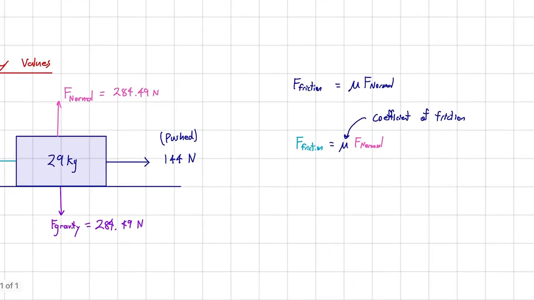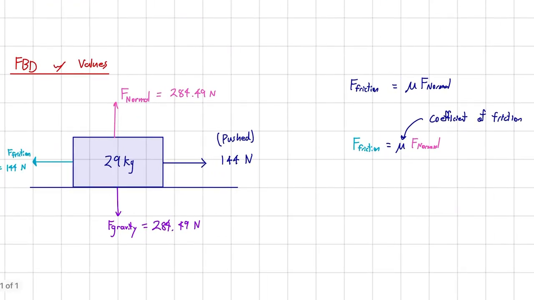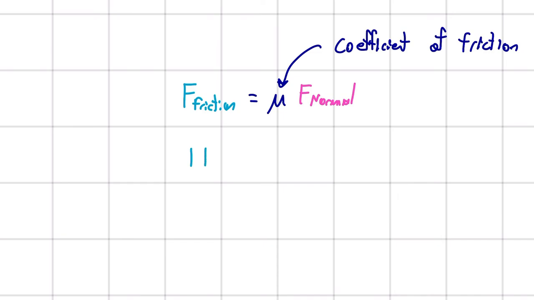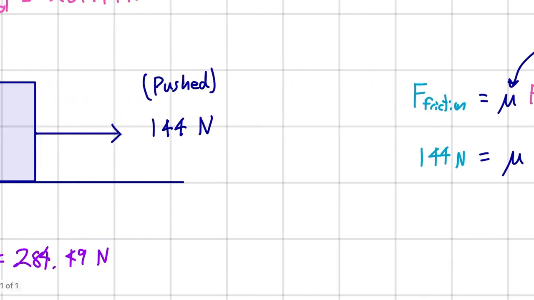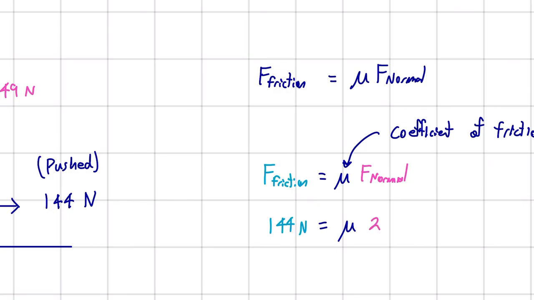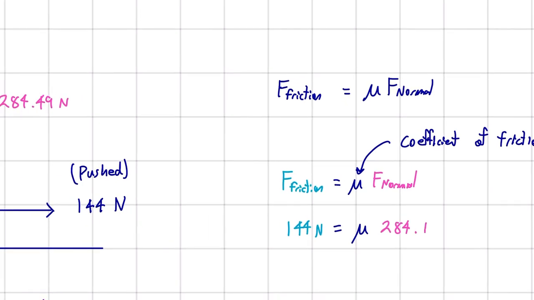Now with this formula, all we have to do is start plugging in values. So our force of friction, we found over here 144 newtons. That's equal to mu times normal force. Normal force, let's plug that value in, 284.49 newtons.